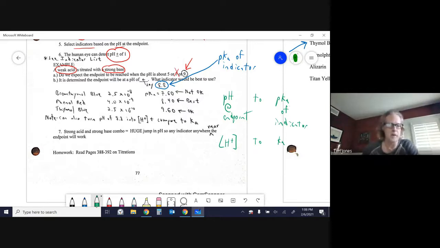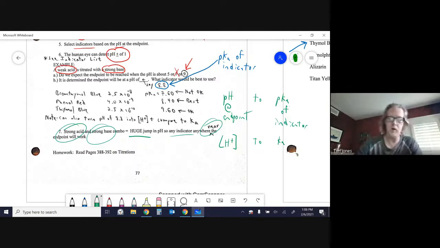I have a note that if you do a strong acid and strong base titration, the jump is so huge that just about any indicator anywhere near the endpoint will work. That is true, but you still want to get as close as possible.